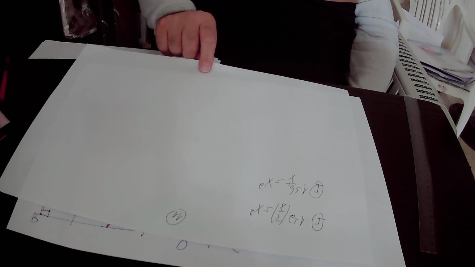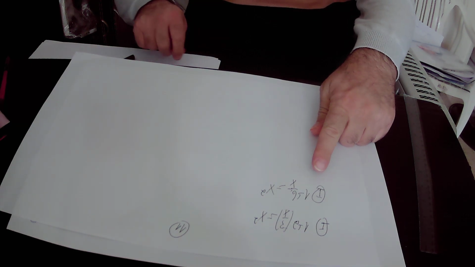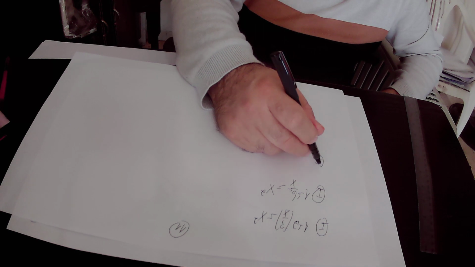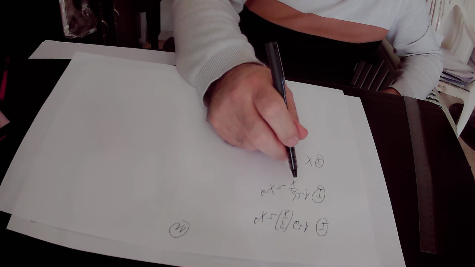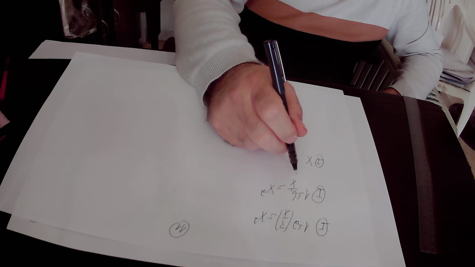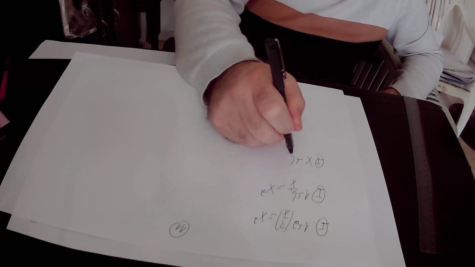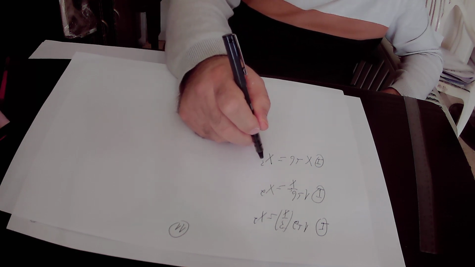So here we will multiply equation number 1 by x, and we will get that x times 1 is x, 6 over x times x is 6, and x squared times x is x cubed.